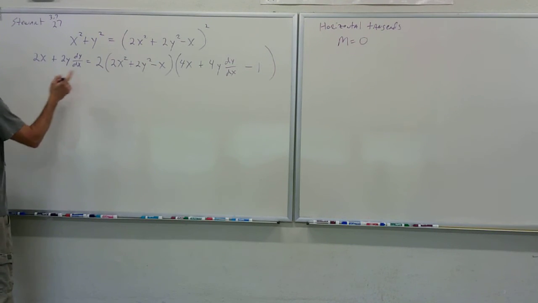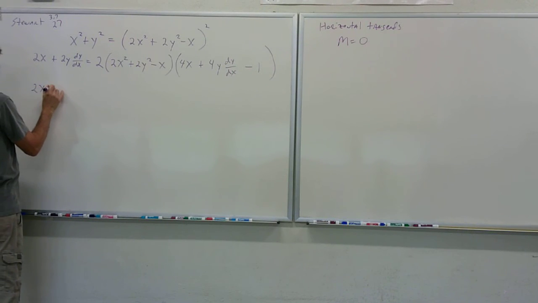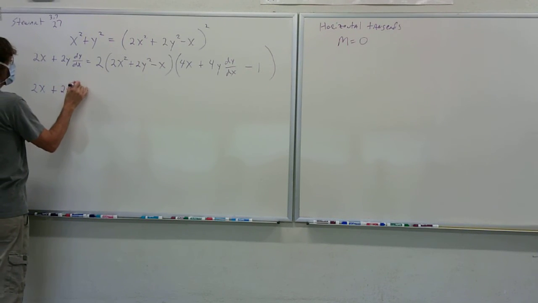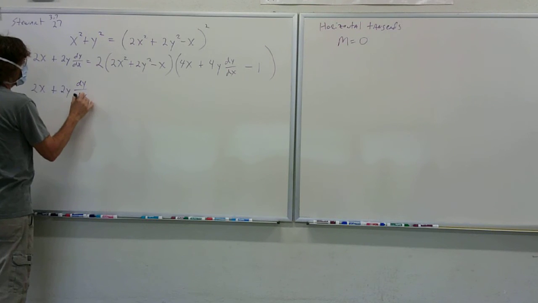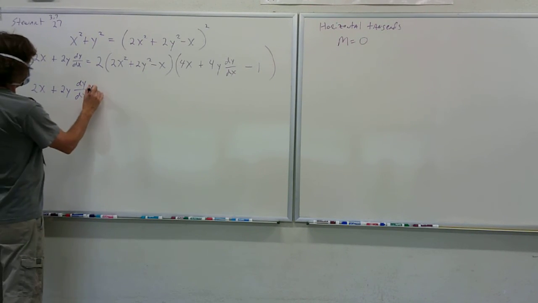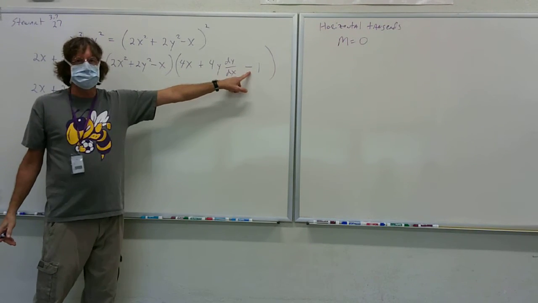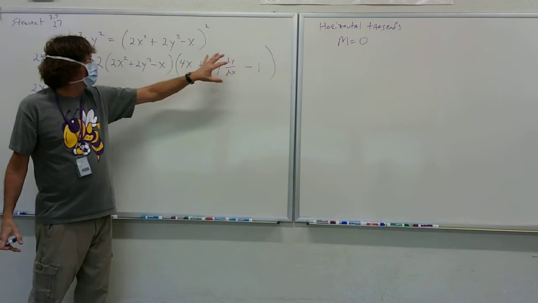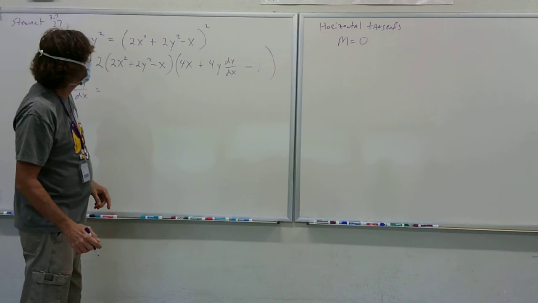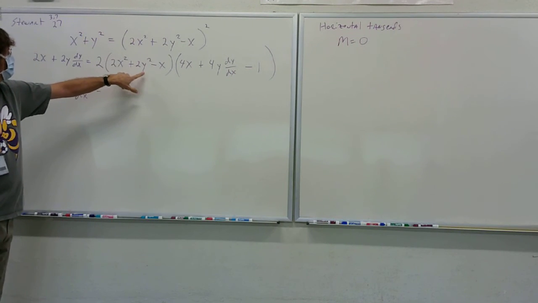All right. If you look at this, it's going to be 2x plus 2y dy over dx equals. Now, see this 4x minus 1? I'm going to pull this out, and I'm just going to take the 4x minus 1 and multiply by that.